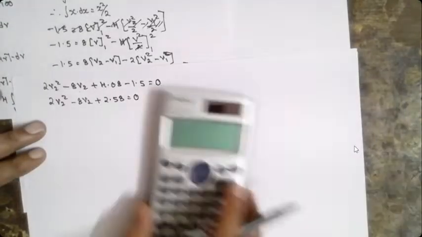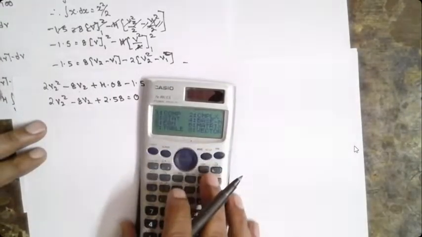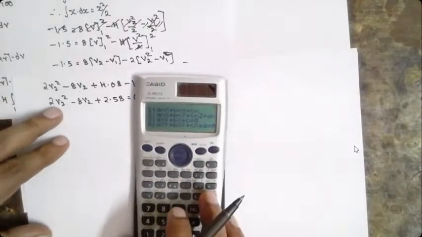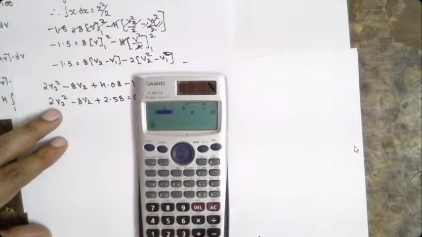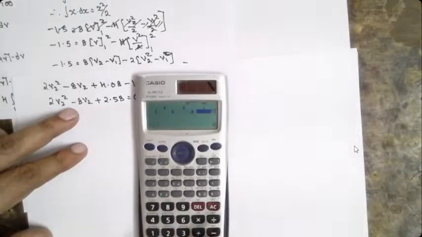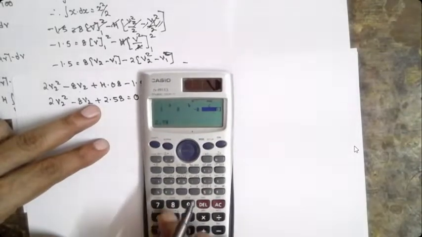Now, by using the calculator, we need to solve the equation. Select mode 5, then 3. The values are 2, minus 8, 2.58.